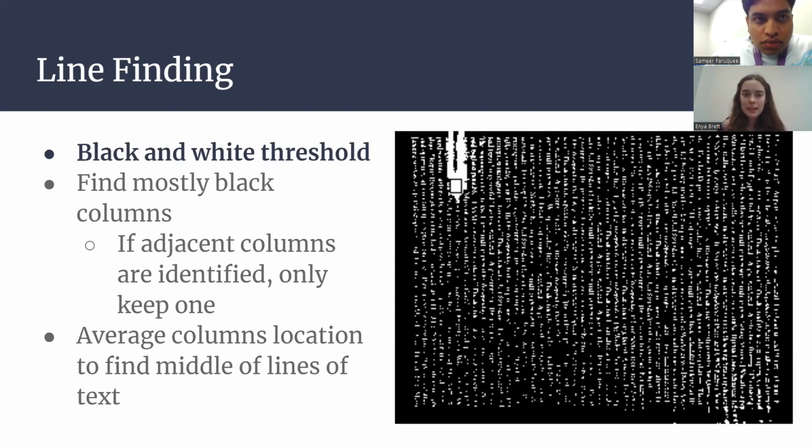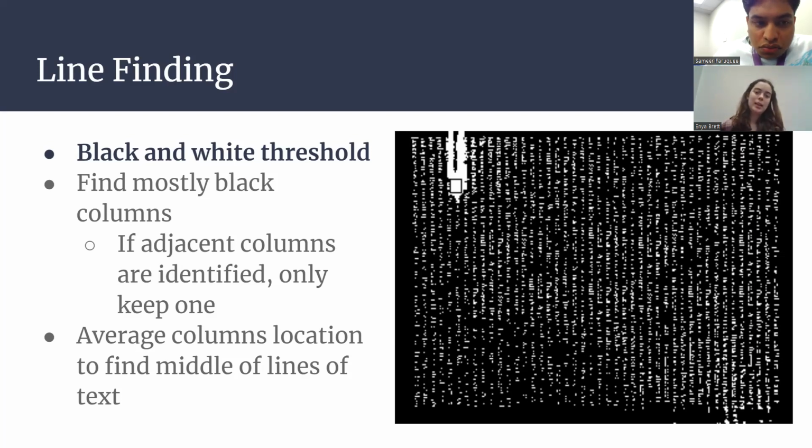So how we did this was first by black and white thresholding the image. So if the text was dark enough, it was turned into a white pixel, as you can see on the screen. And then if the text was light enough, it was turned into a black pixel.